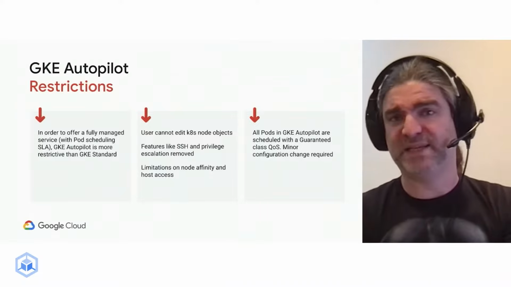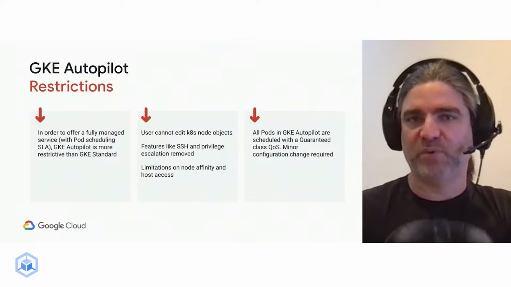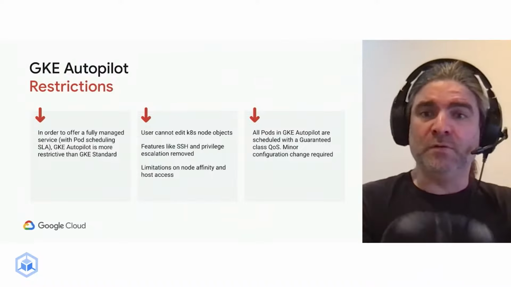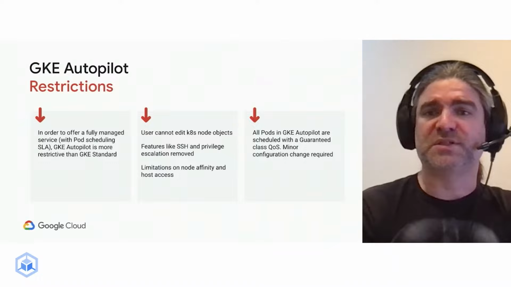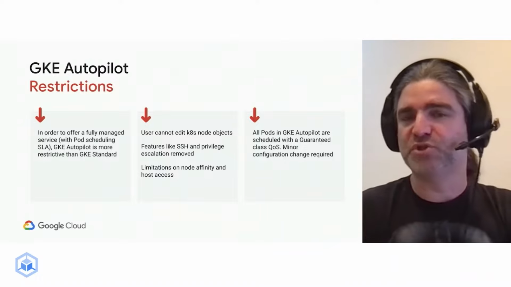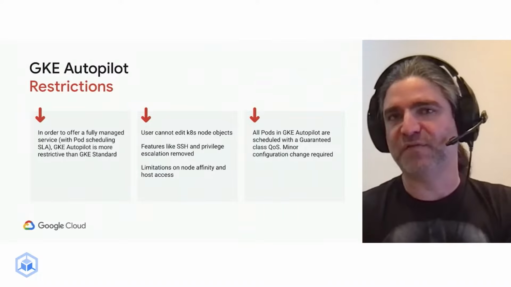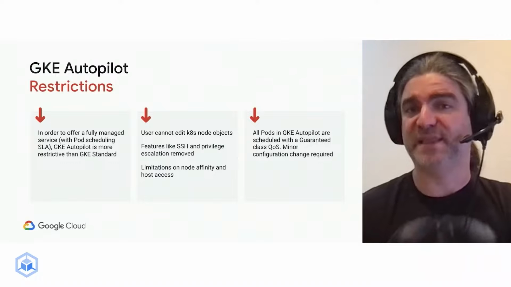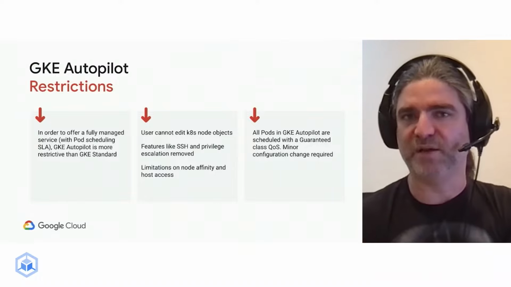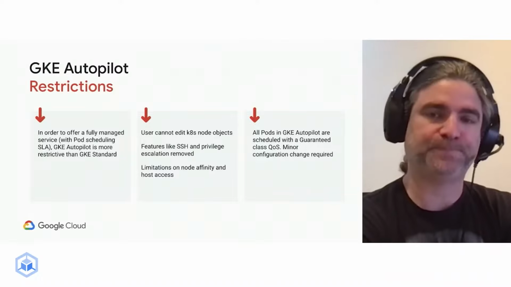This allows us to ensure node integrity and our capability to provide that SLA for you. All the pods in GKE Autopilot are scheduled with a Guaranteed class of quality of service, which basically means that your limits are equal to your resource requests. Again, this is done for us to be able to dynamically provision resources based on your requirements and your workload demands.